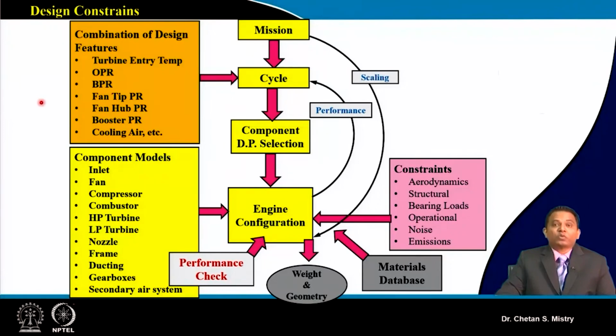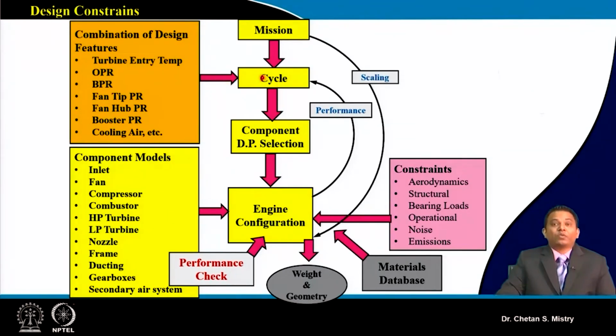So bypass ratio is also one of the important parameters to be considered. Then we need fan tip pressure ratio, fan hub pressure ratio, booster pressure ratio, cooling air requirement, all those parameters. These parameters are required at the entry when we are doing our cycle analysis. If they are not available, we need to start with some assumptions.